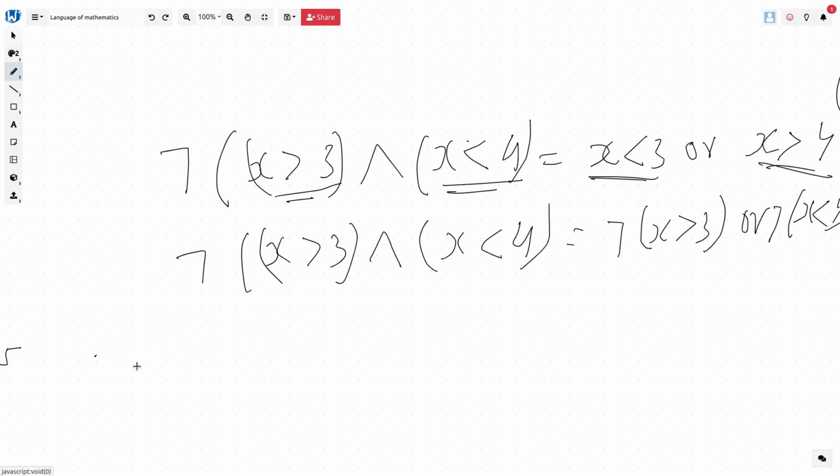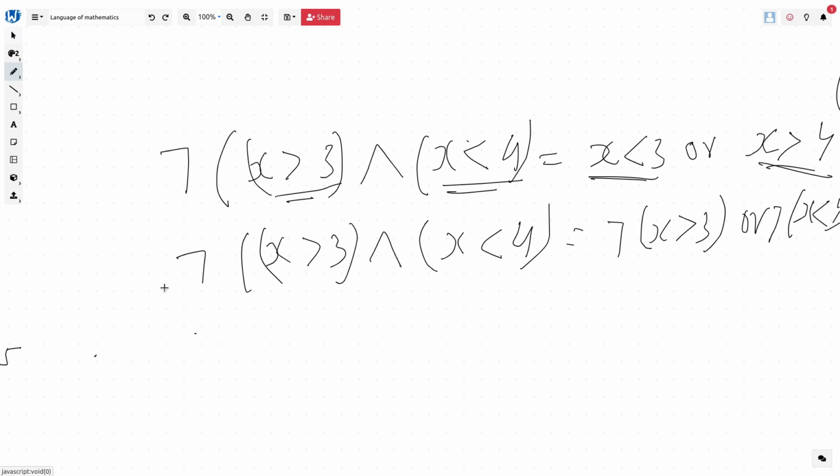Or you can say that we have established here that not of all this expression is not of this statement, and here and is replaced by or, right? So you can simply write this expression.